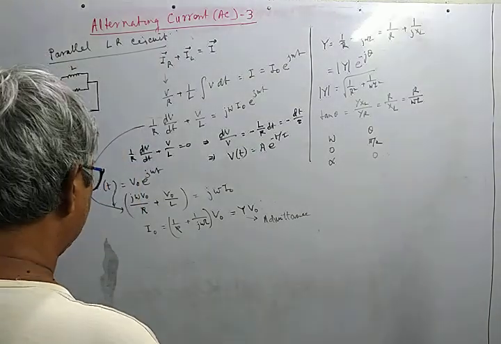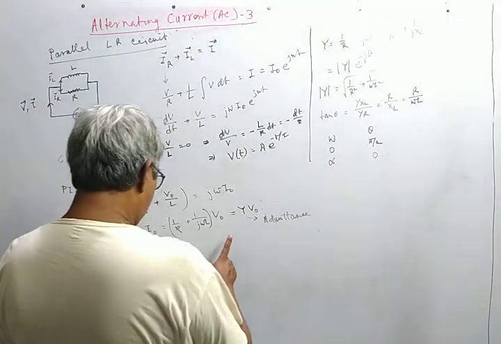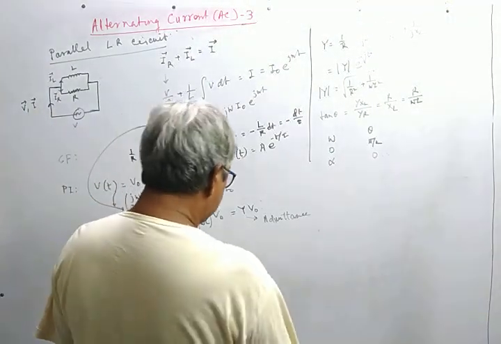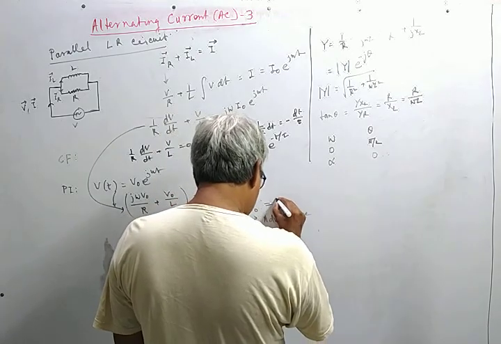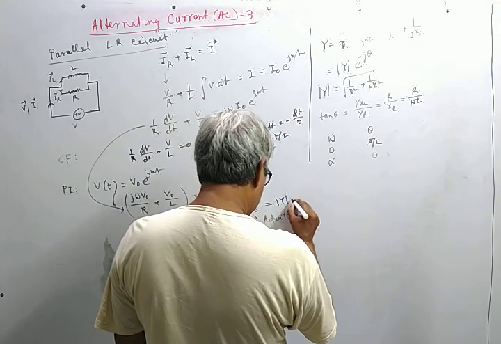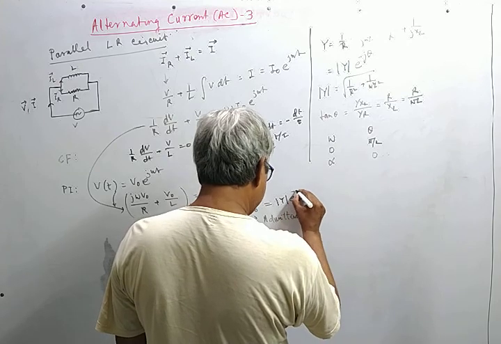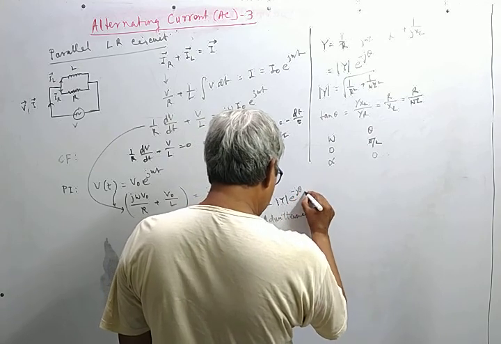Now let me come to the value of current. So this is written as mod Y e to the power minus j theta V0.